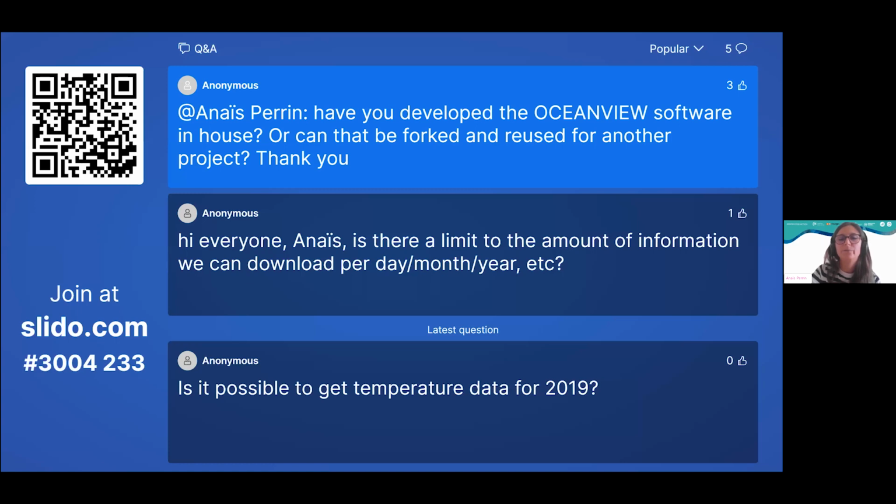In the introduction of the MyOcean Viewer article, you have a section with the embedded link, and we explain how to use this embedded link to have this interface in your project, for example, in a Python or HTML project.